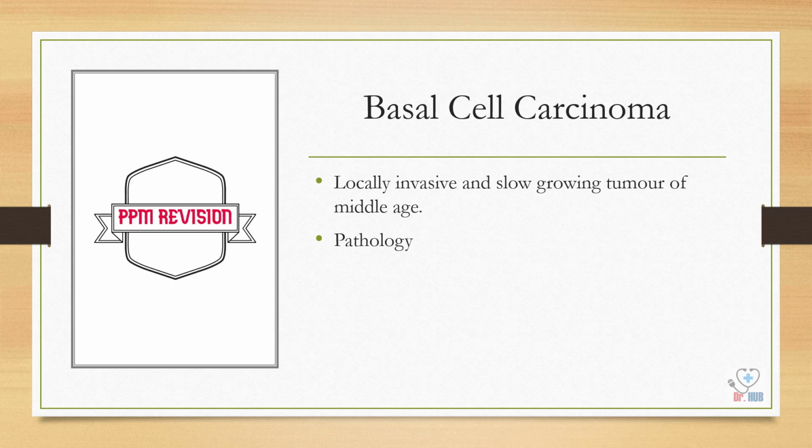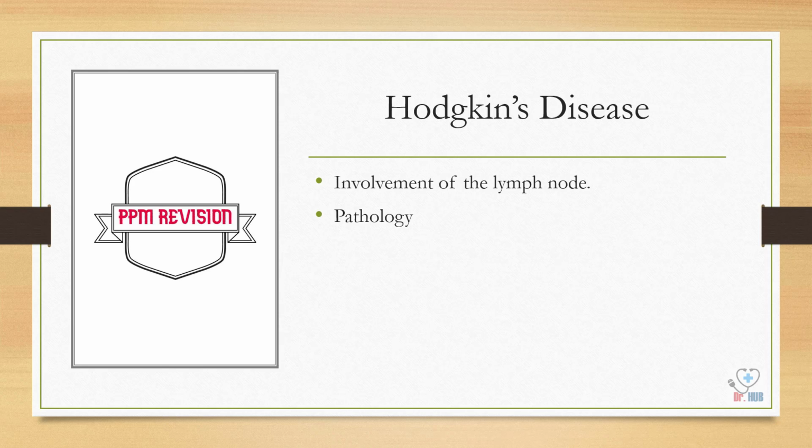Moving on to the next topic, Hodgkin's disease. Hodgkin's disease mainly involves the lymph nodes, and secondarily it can also affect extranodal sites. This disease can be seen in two peaks, one in young adults and another in older individuals.